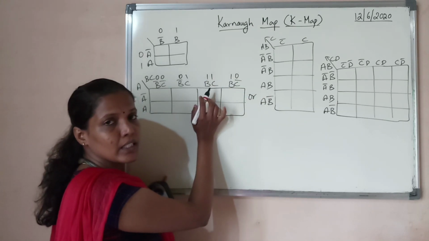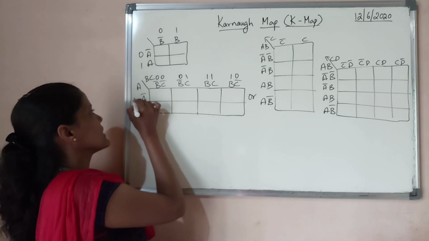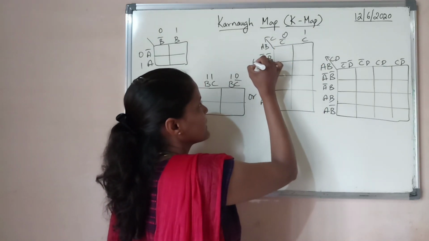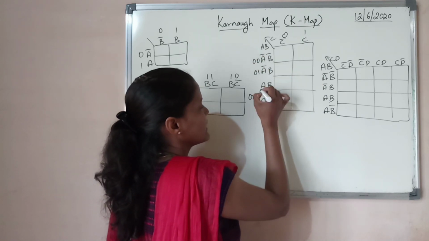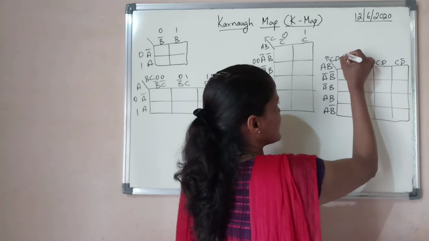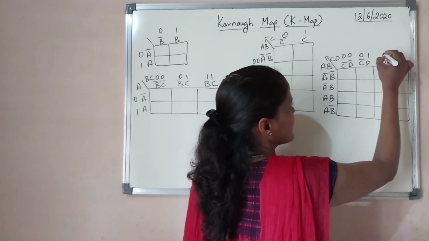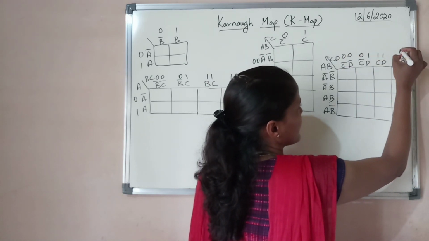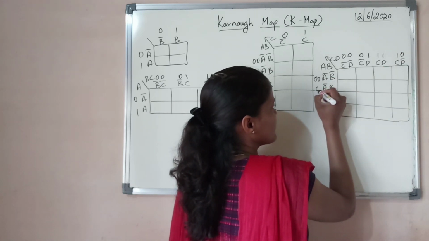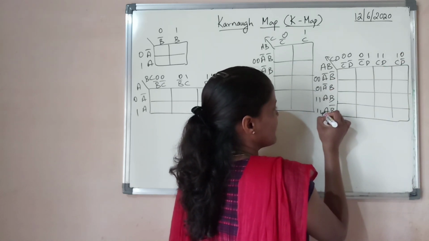Because both the variables are in uncomplemented form. If I am going to write here 0, 1, 0, 0, 0, 1, 1, 1, 1, 0. And here 0, 0, 0, 1, 1, 1, 1, 0. And here 0, 0, 0, 1, 1, 1, 1, 0.